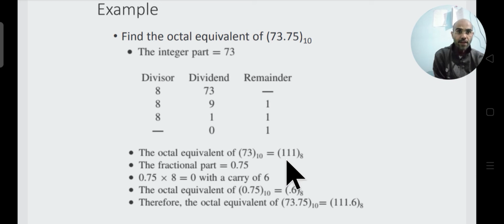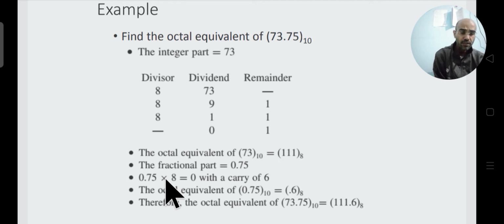Now comes the fractional part. In the fractional part, we take 0.75, the fractional part of the given number, and multiply it with the radix, the radix in which we want the answer. So multiplying 0.75 by 8 gives us 6.0.